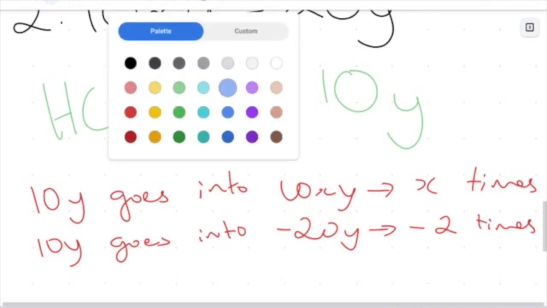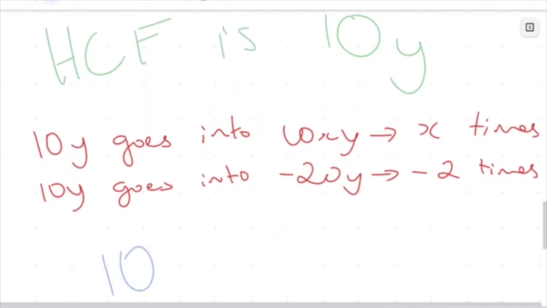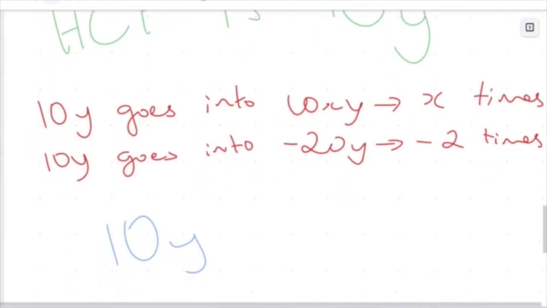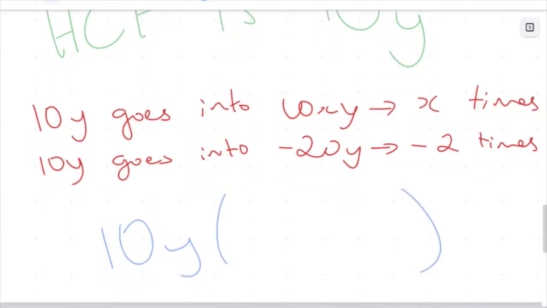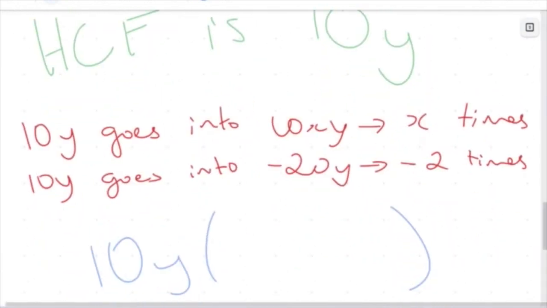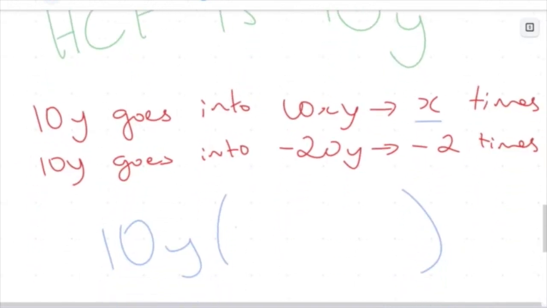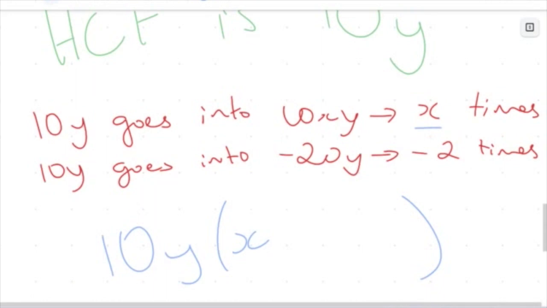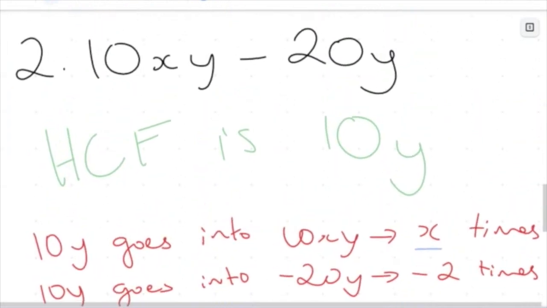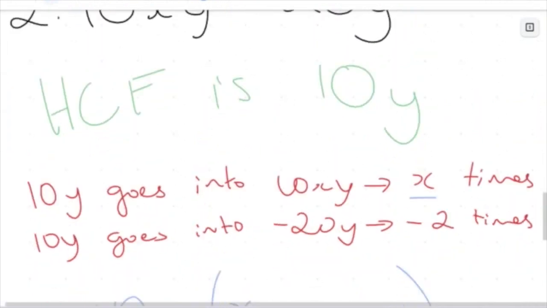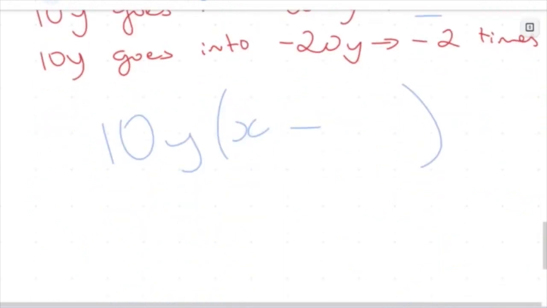So check this out. When we pull 10y outside of my brackets, well, I'm trying to see what multiplied by 10y gives me 10xy. We already figured that out. That is x. And what multiplied by 10y gives me negative 20y? Well, that was negative 2.